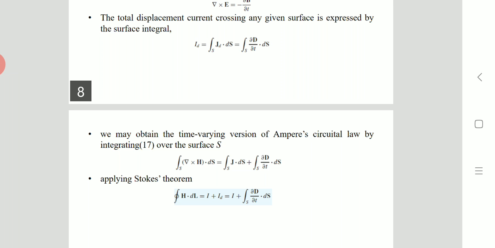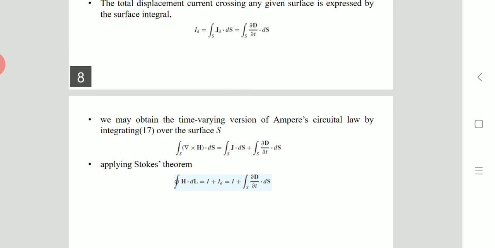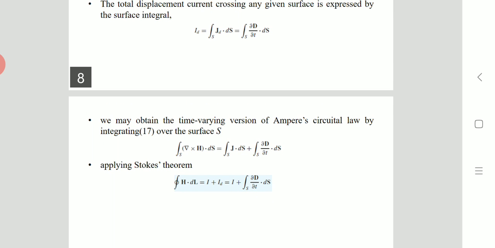Now applying Stokes' theorem, the integration over the closed path of H dot dl is equal to I plus ID, which is equal to I plus the integration over the surface of ∂D/∂t dot ds.